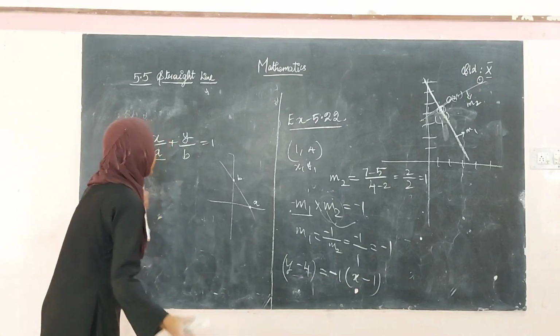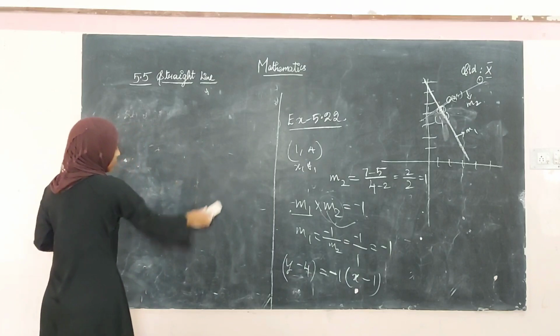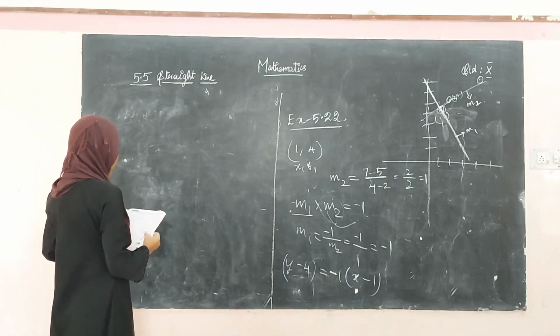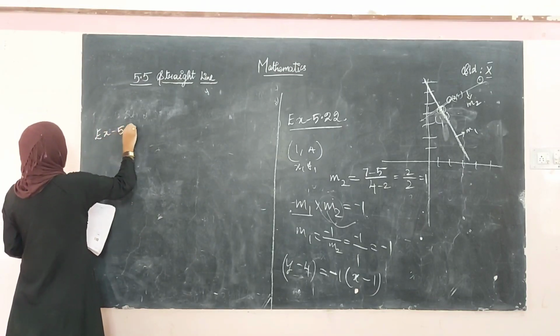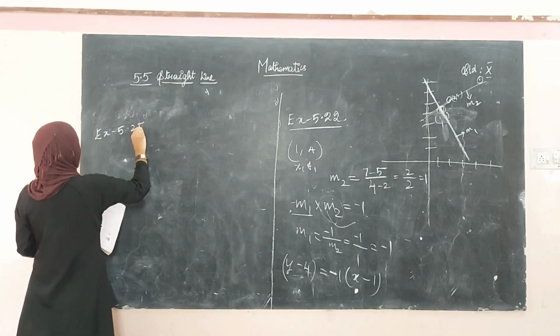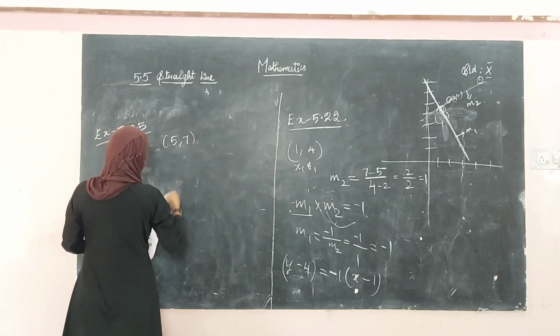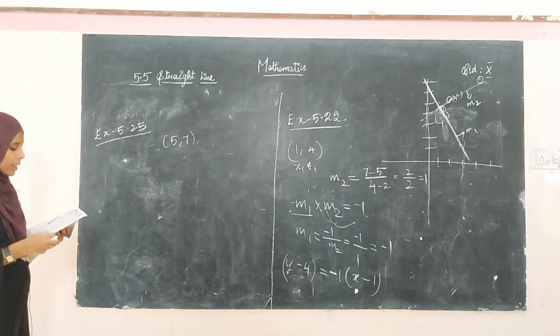Example 5.25. Find the equation of the line which passes through the point 5,7 and makes intercepts on the axes equal in magnitude but opposite in direction.